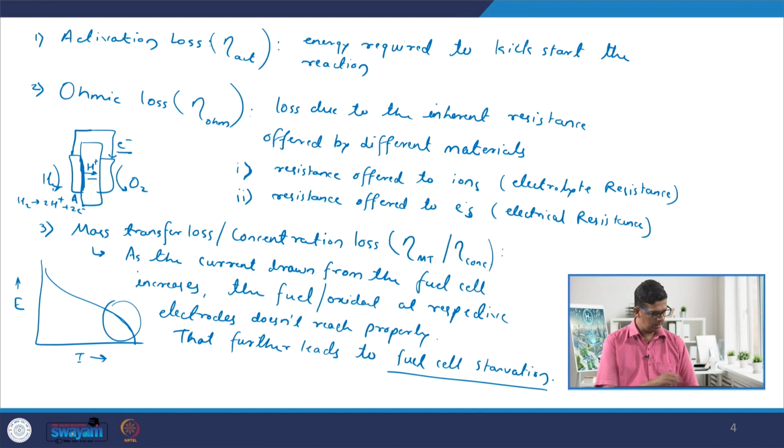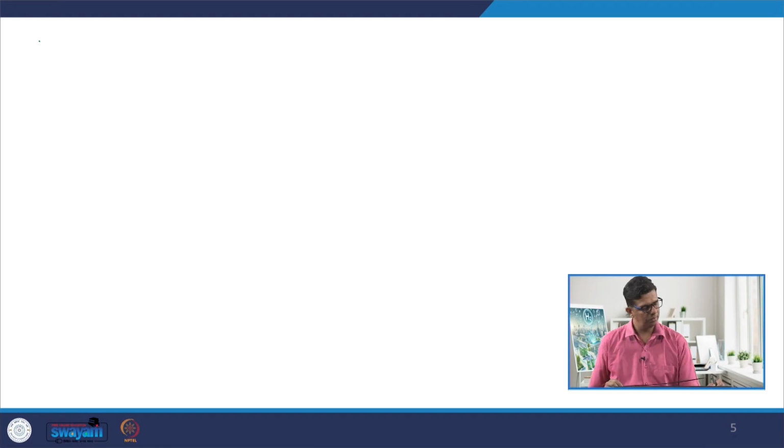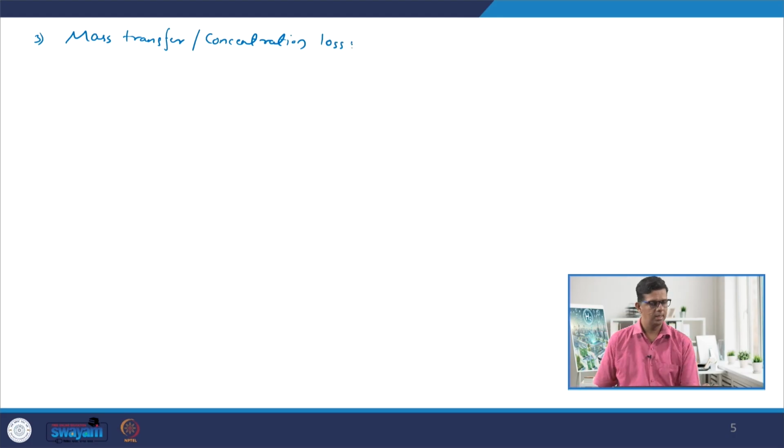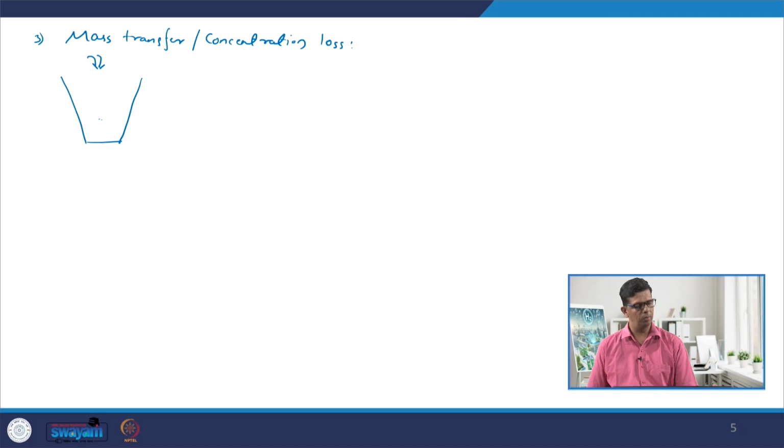So, I can explain this with an example. We are dealing with mass transfer loss, or concentration loss itself. Let us take an example of a bucket, and there is a tap through which water is supplied to this bucket, and there is one more tap connected at the bottom of the bucket.